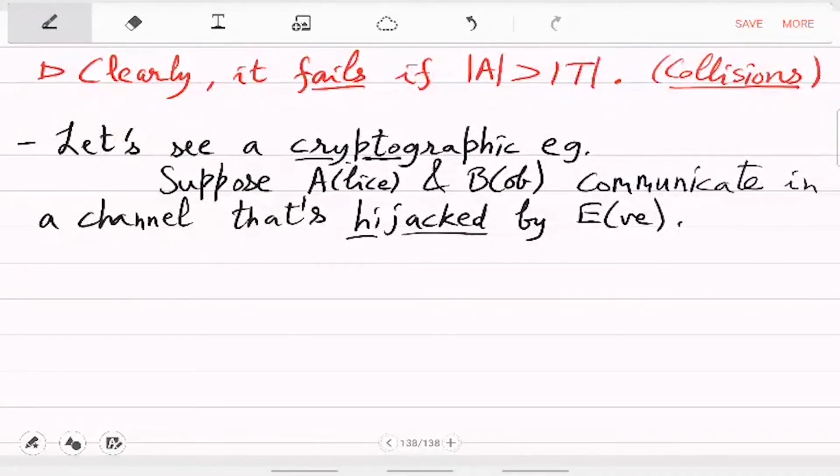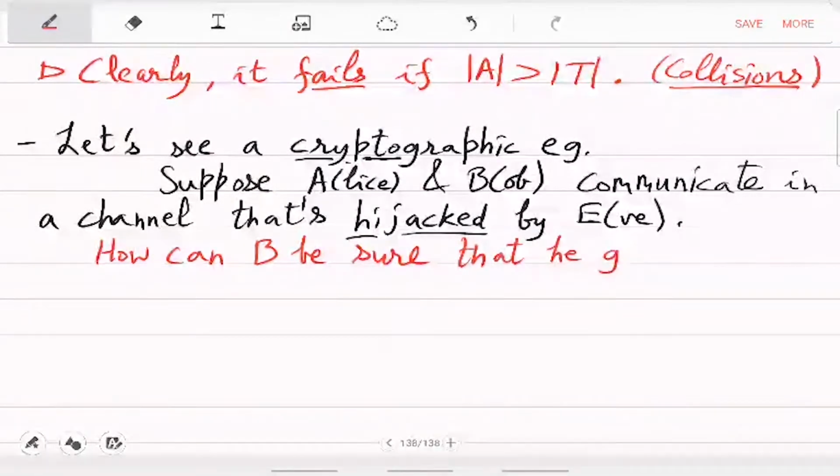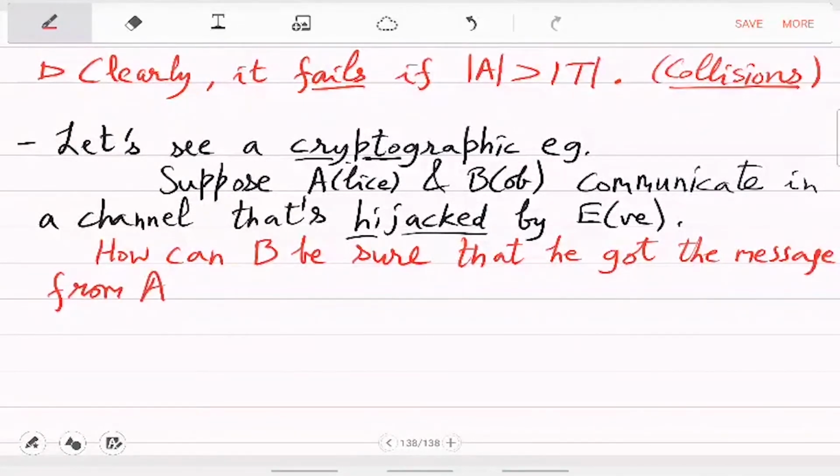Okay, it's completely hijacked. So given this scenario, how can B be sure that he got the message from A and not by E?